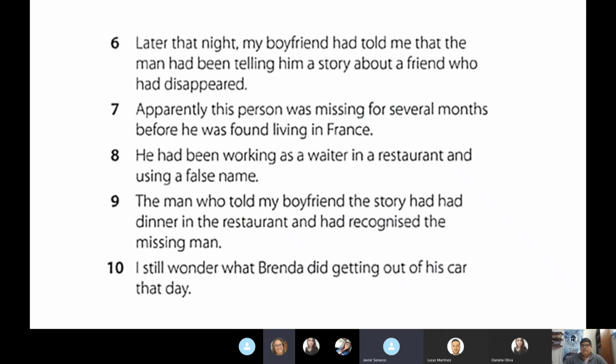Number 9, maybe: the man who told my boyfriend the story had been dining in the restaurant and had recognized the missing man. No. It is an action in progress interrupted by another. So it is past continuous interrupted by past simple. Okay?